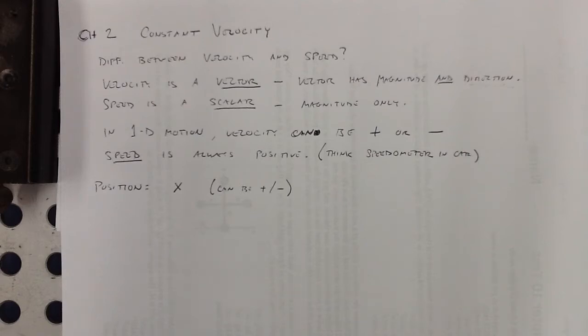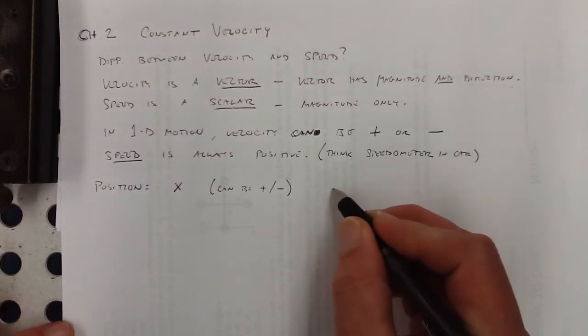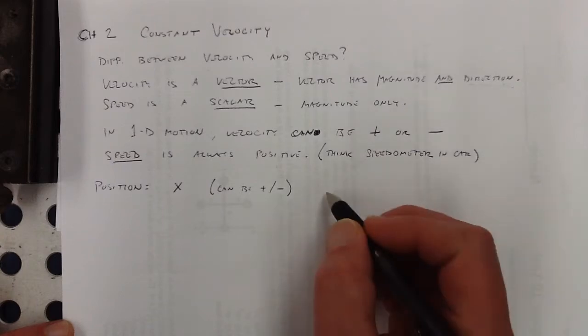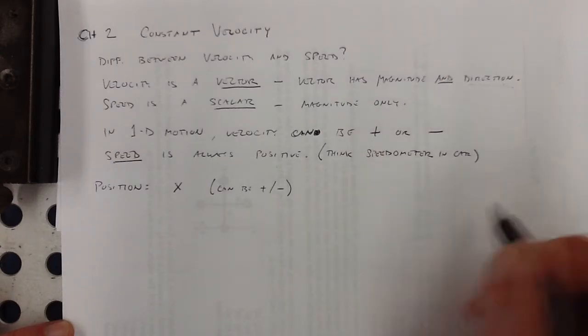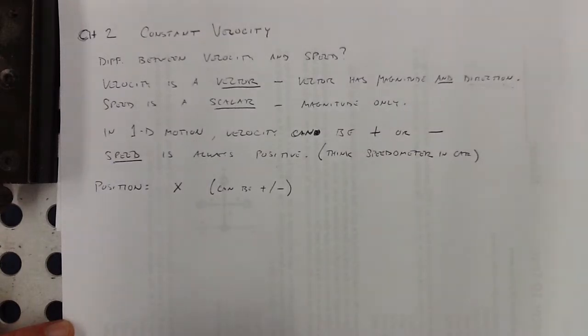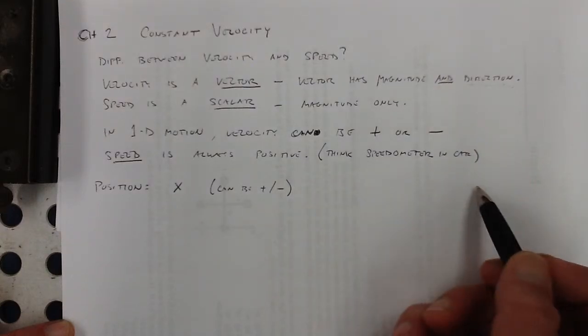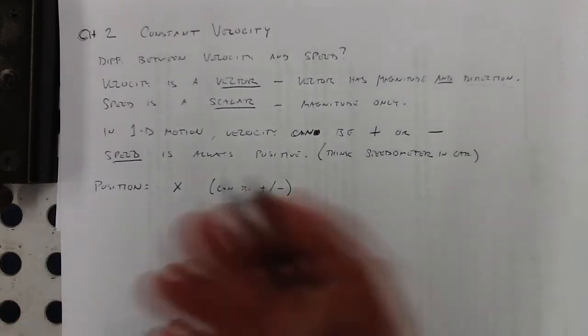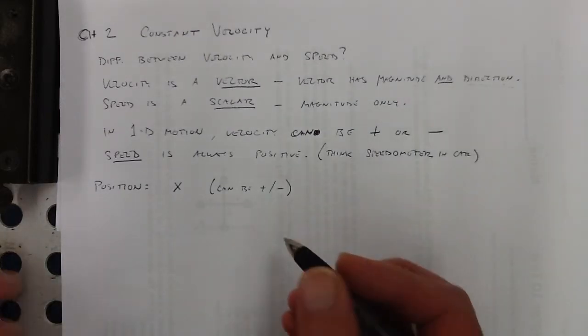number lines have to have negative numbers on them, because wherever you pick the origin, unless it's not really a line, unless it's just a ray that has a point where it starts and then goes in one direction, then you could just call the point where it starts 0 and all things go from there. But in a lot of situations you can go both directions, so we just have to choose an origin, and then if you go to the left of the origin, then you're in negative territory.